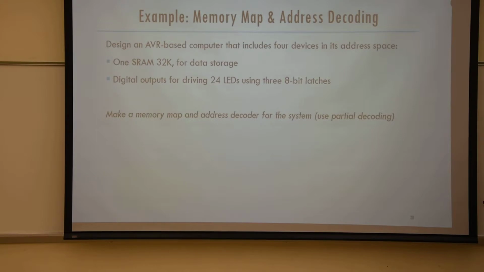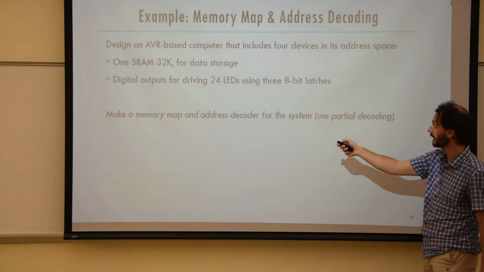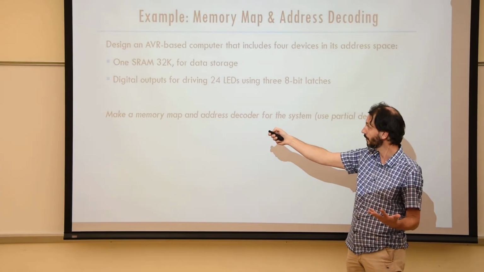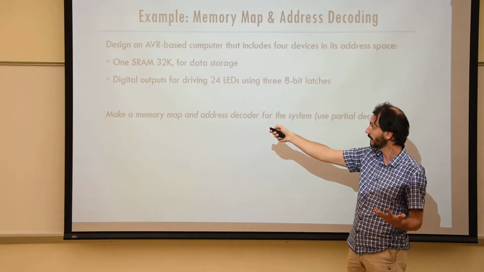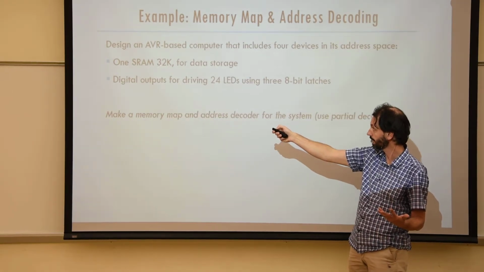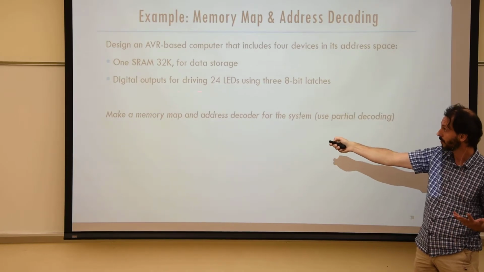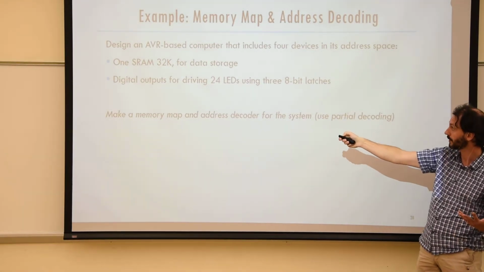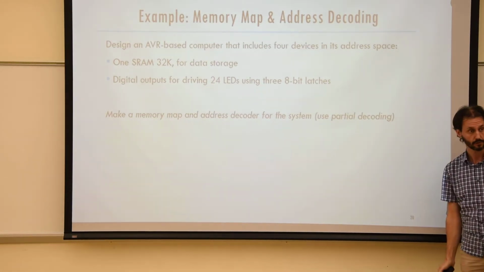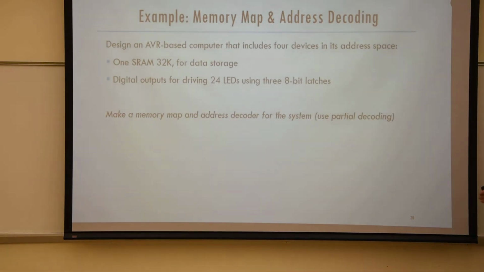Now what we want to do is communicate not just to memory, but also to a bunch of other peripherals. So here they are. In this particular example, we want to connect to one 32 kilobyte SRAM for data storage, and we also want to have digital outputs driving 24 LEDs. We divide them up in 3 blocks of 8.